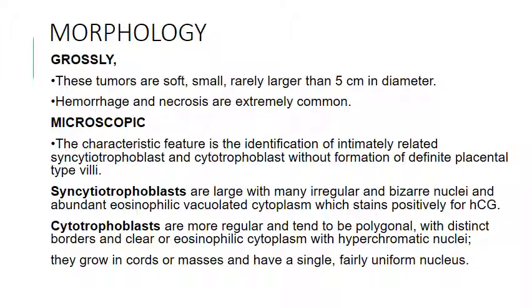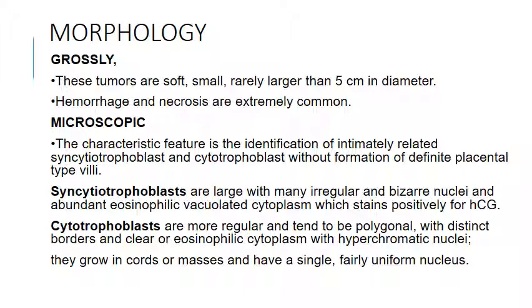Coming to the gross appearance of choriocarcinoma, these tumors are usually less than 5 centimeters, soft tumors. Hemorrhage and necrosis areas are very common. When we see the microscopy, whenever and wherever we utter the term choriocarcinoma, we have to describe syncytiotrophoblastic cells and cytotrophoblastic cells.